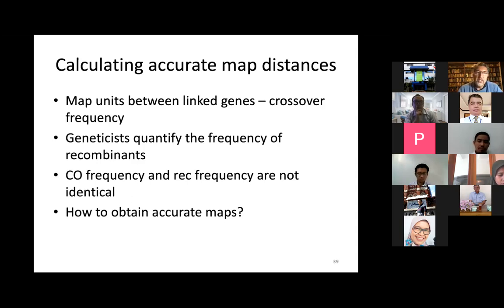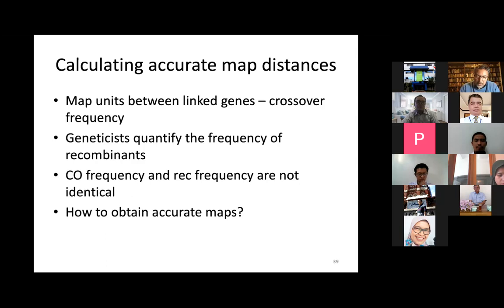What we've been looking at here is the frequency of recombinants in the progeny. Are the crossover frequency and the recombination frequency always identical? No, they differ from each other at larger distances. When you have small distances, they are practically the same.